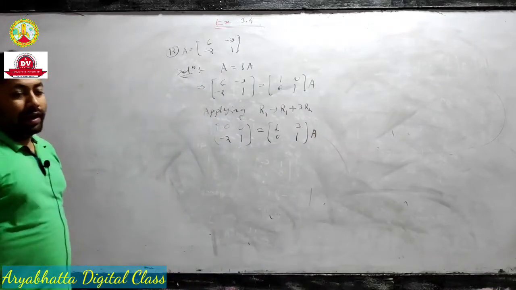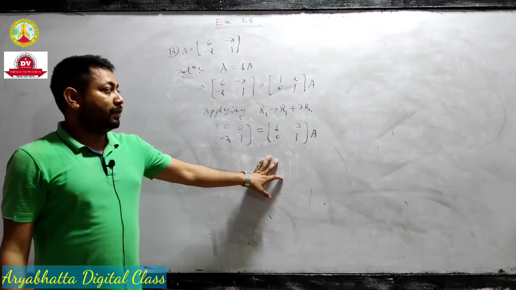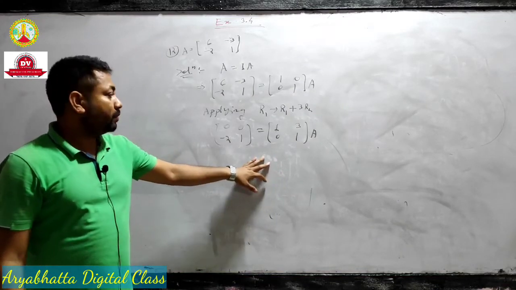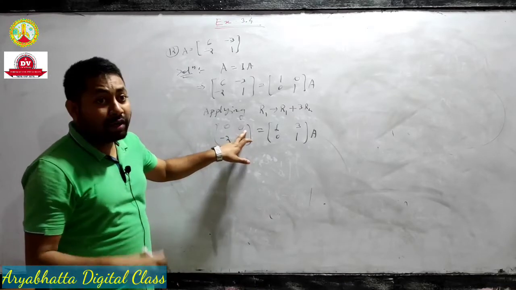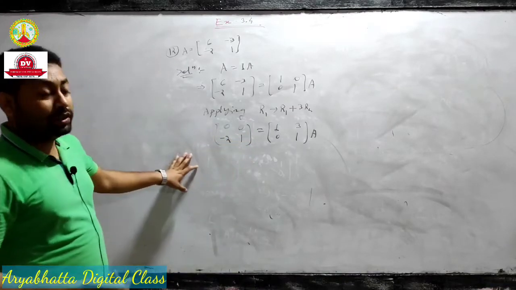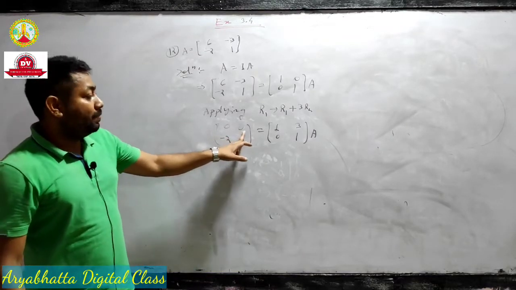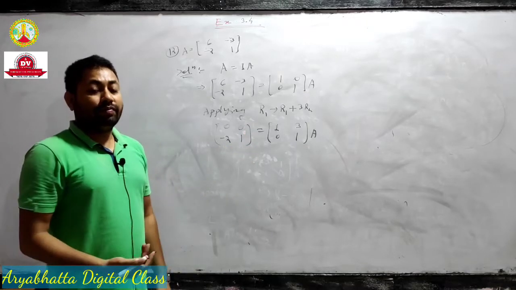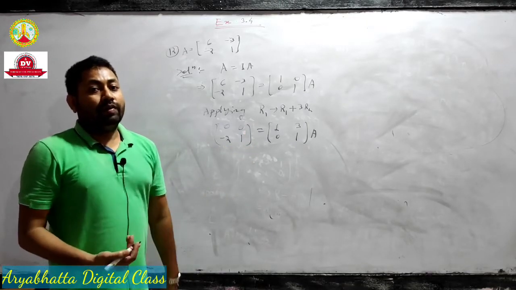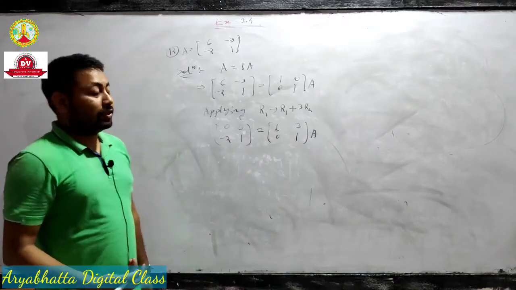Remember, after applying one or more transformations of rows or columns, if we obtain all elements of any one row or column equal to 0, then the inverse does not exist.